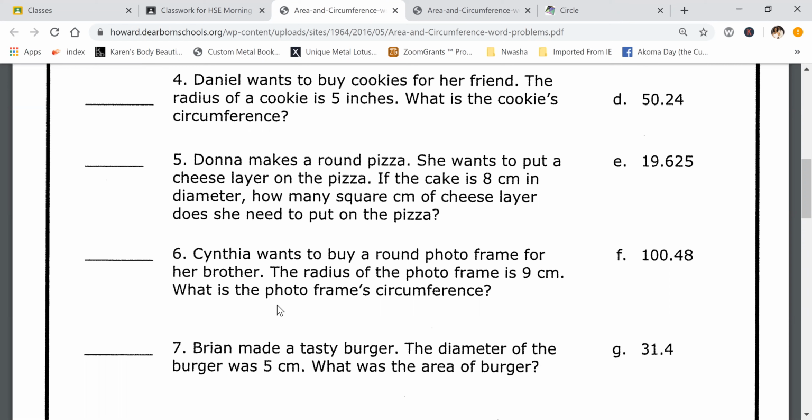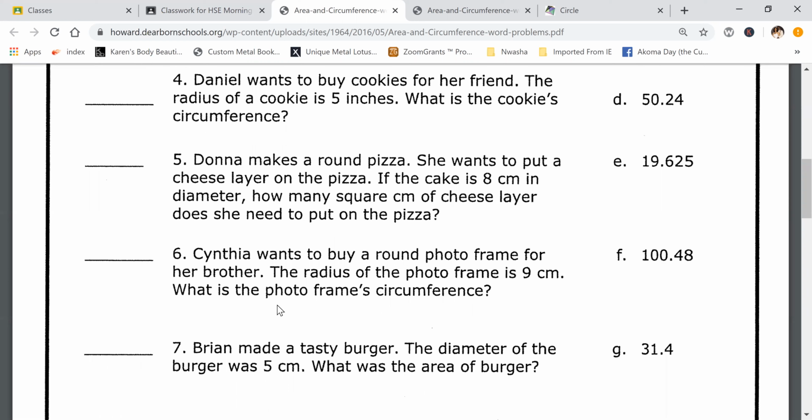So that's a clue that you need the circumference formula, which is pi times the diameter. So what is the diameter of the photo frame? 18. Yes, it's 18. So this is another example where you don't have the number 18 in the word problem.